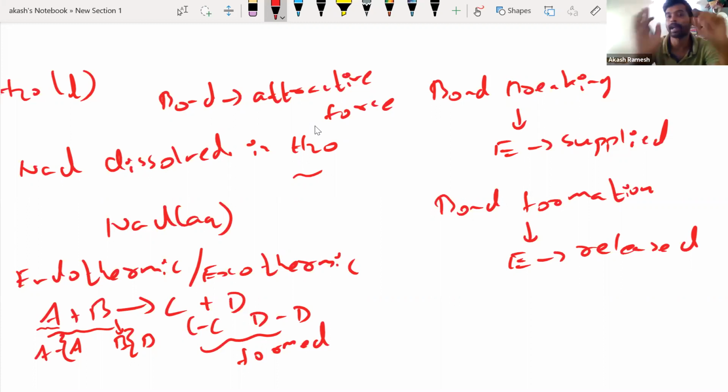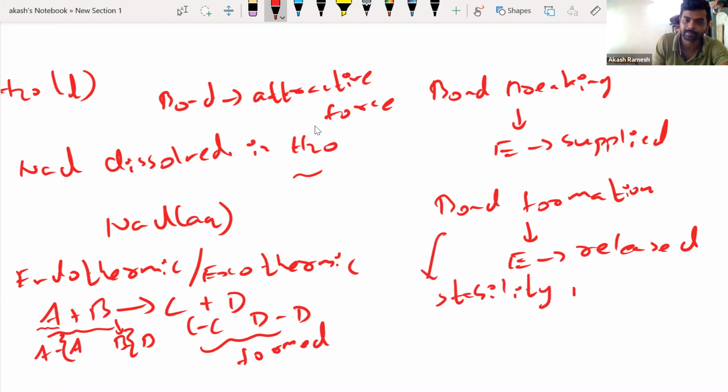As simple as that. Again, I repeat the point. Whenever a bond formation occurs, stability is increased. The atoms involved in the bond formation get stabilized, so energy has to decrease.